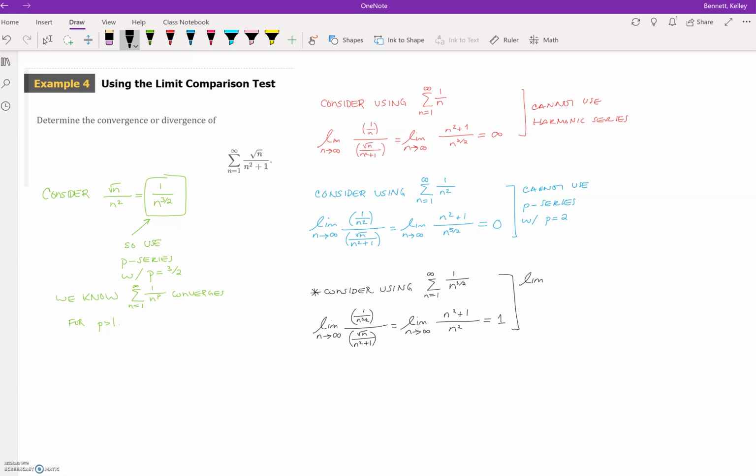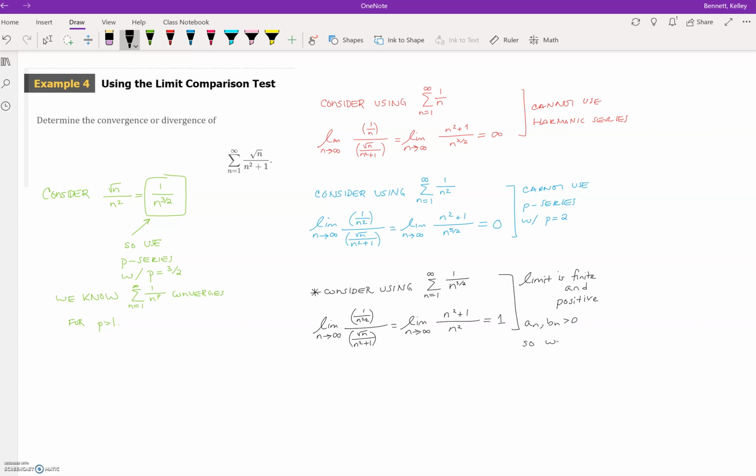the limit is finite and positive. We know that a sub n and b sub n are also positive.